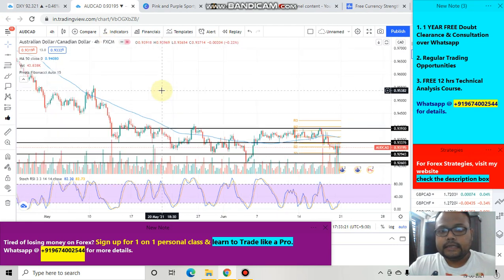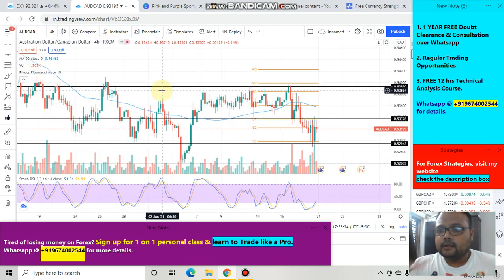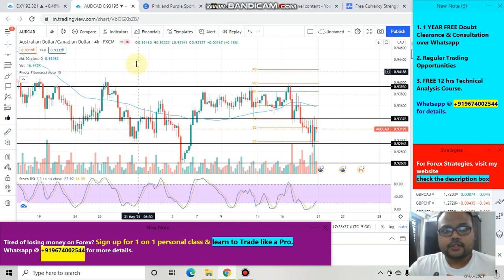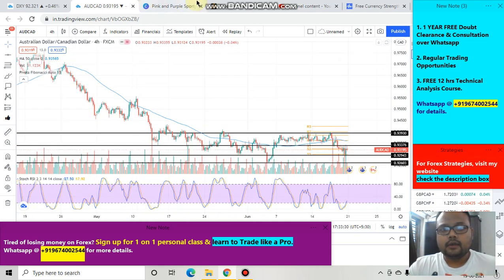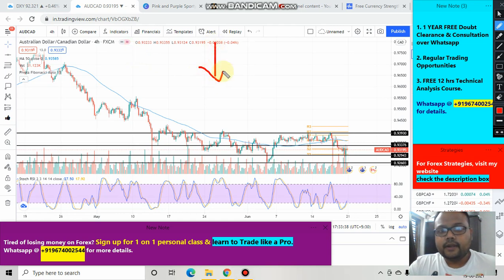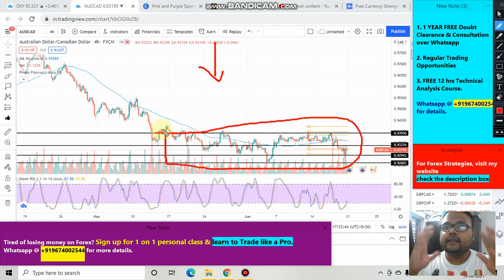And you can see that this currency pair is still trading in a particular range right now. And if I zoom out the chart, you can see that the trend of the market is still towards the downside. Market is still bearish, and right now market is trading in a particular range here. So overall the trend is still downside, but right now market is caught in a range.